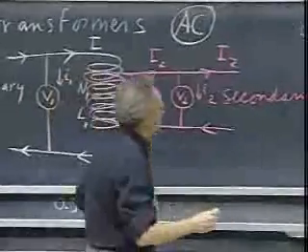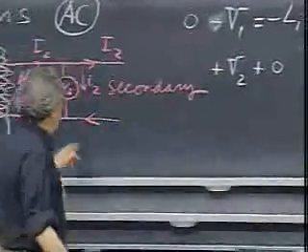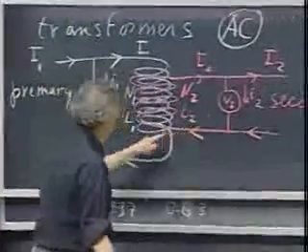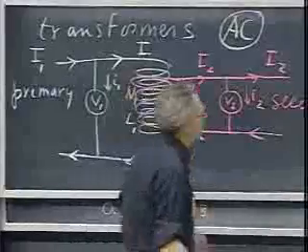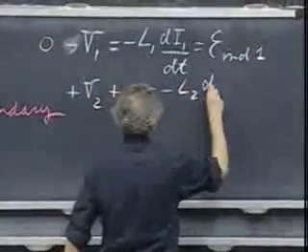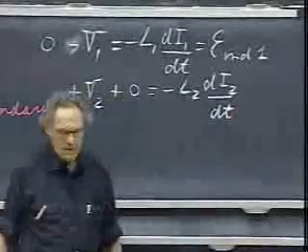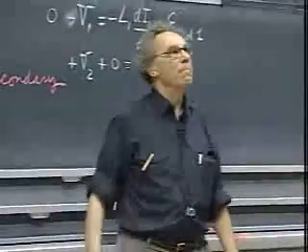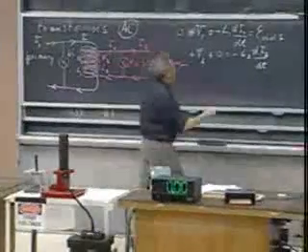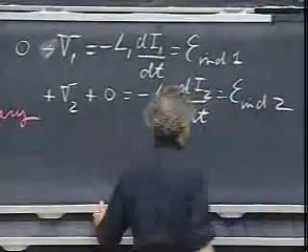There's no electric field in the self-inductor, because there's no electric field in a wire that has no resistance. And that now, since I went in the direction of the current, is minus L2 di2 dt. And again, I bury the M contribution. And this now equals the EMF induced in the secondary.